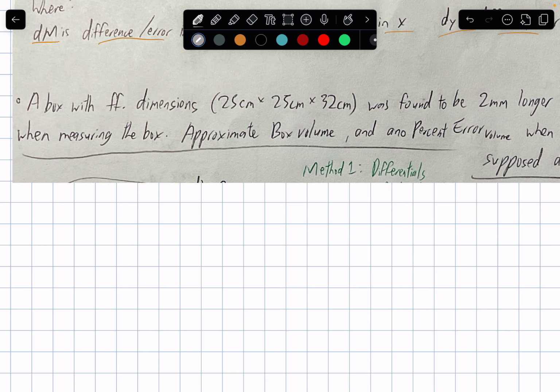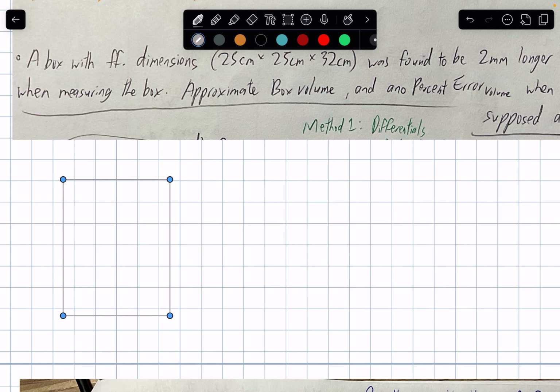I can't really remember specifically what method we used, but another method of solving this same practice question is through total differentials. Our figure is not exactly a cube. It's almost a cube. It just so happens that the height is different from the width and length.